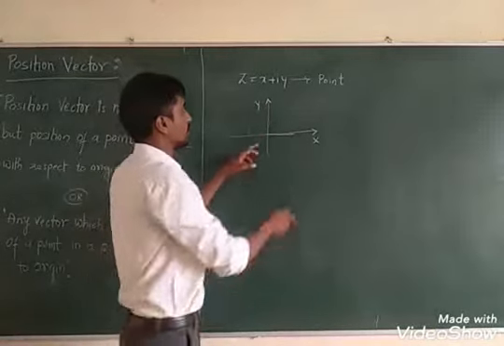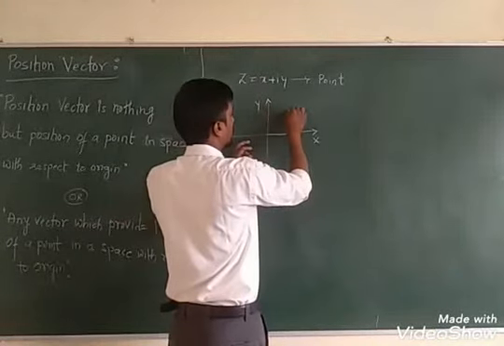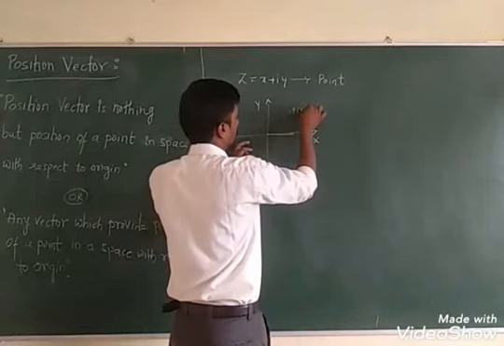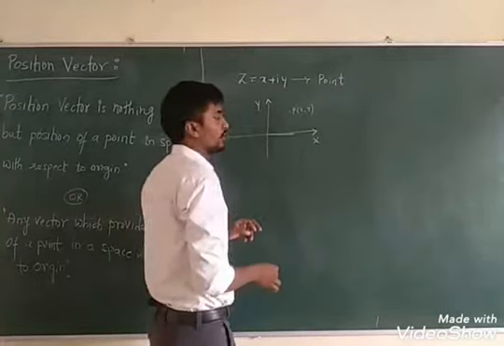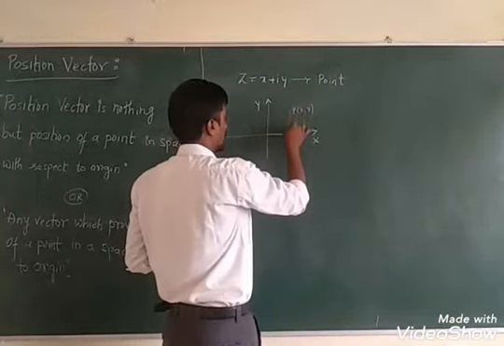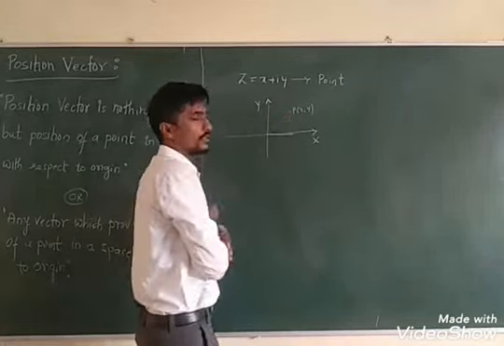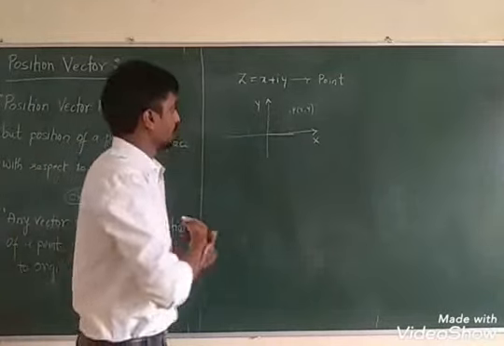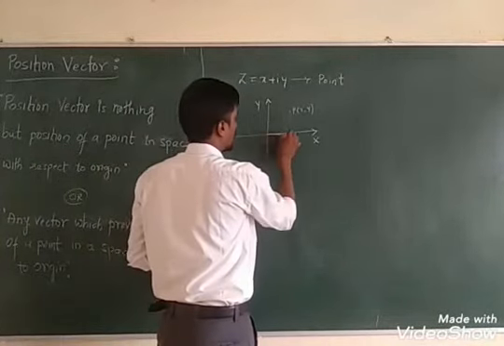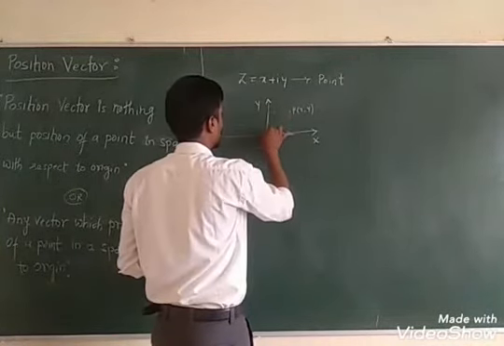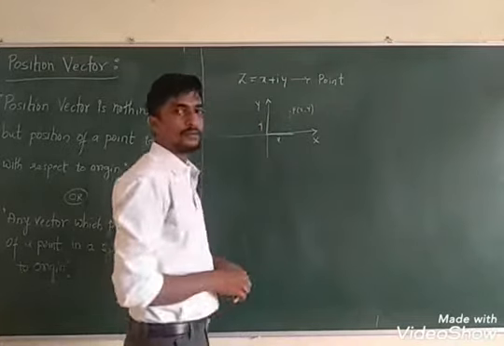So exactly this z is somewhere at the point P of x comma y. This distance is x and this distance is y.